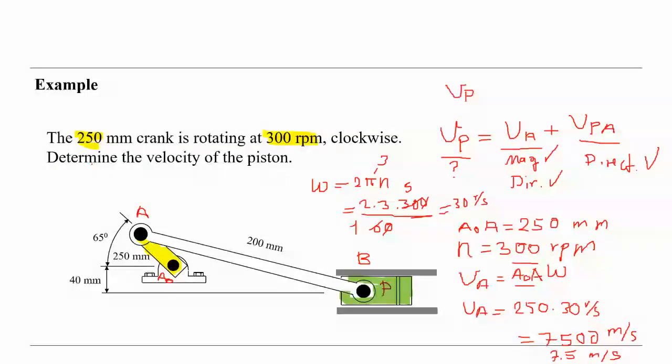Now we already know the magnitude and the direction of the VA, and then, using the graphical way, we can draw the speed of the VA.